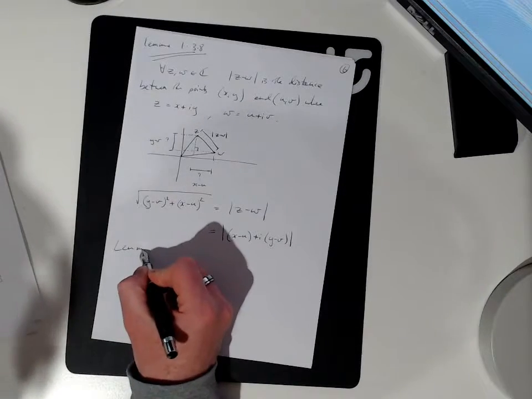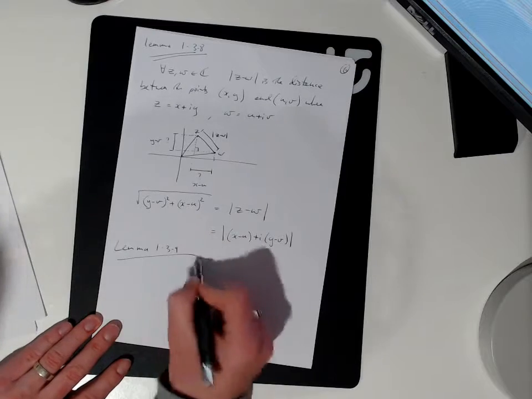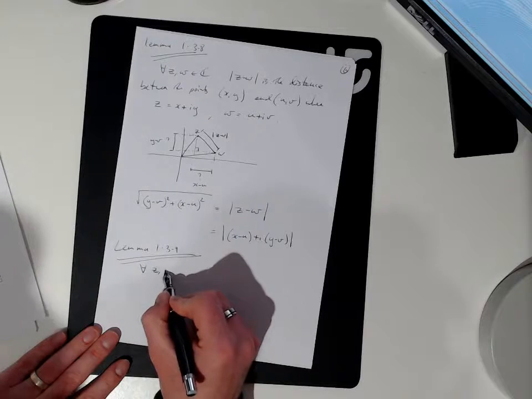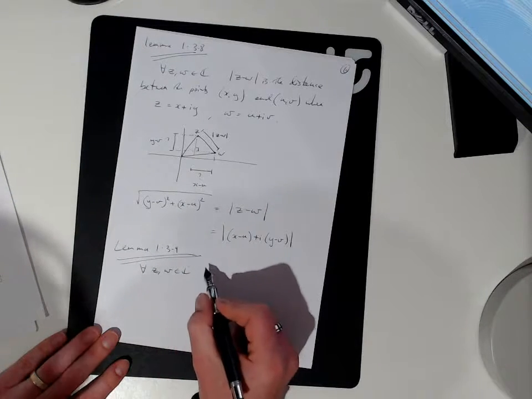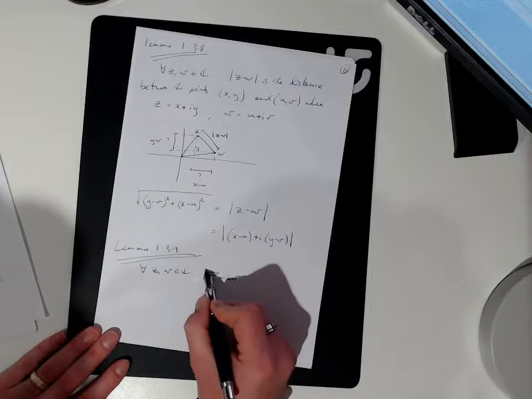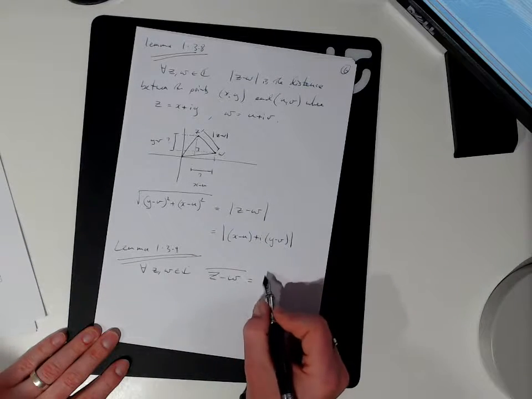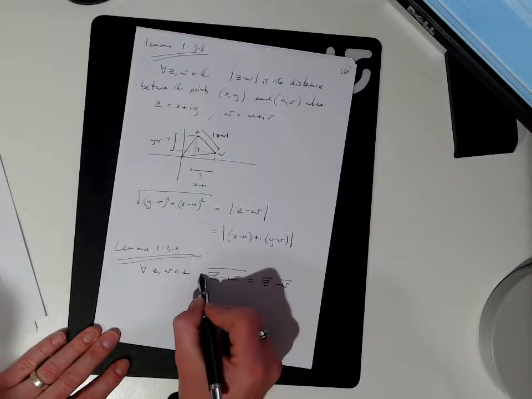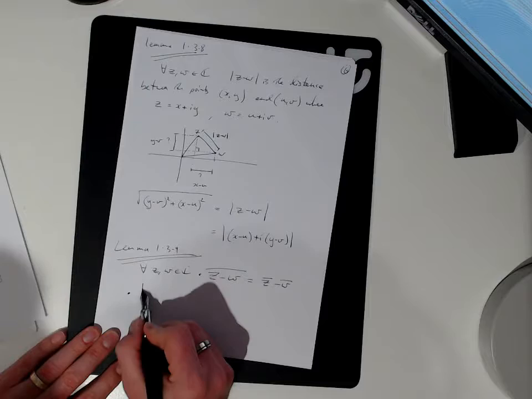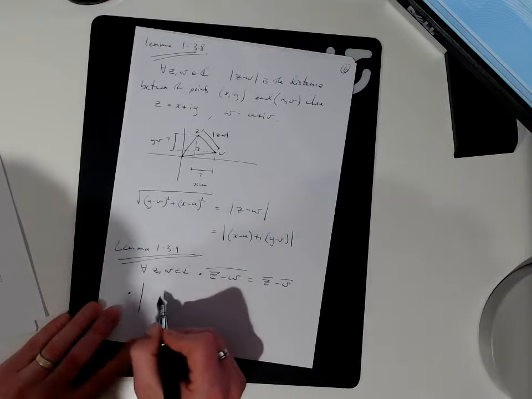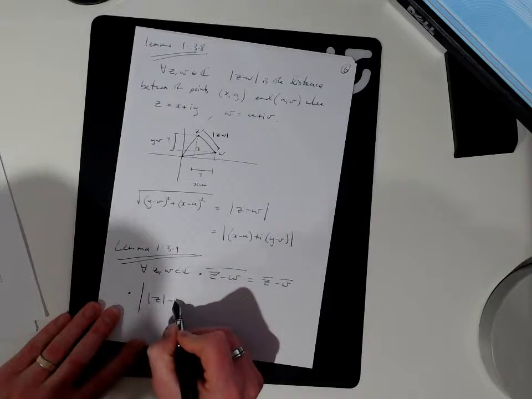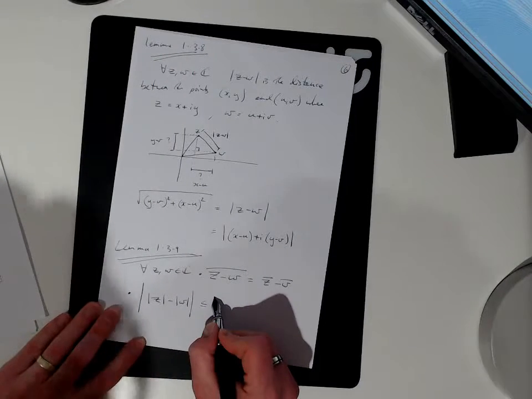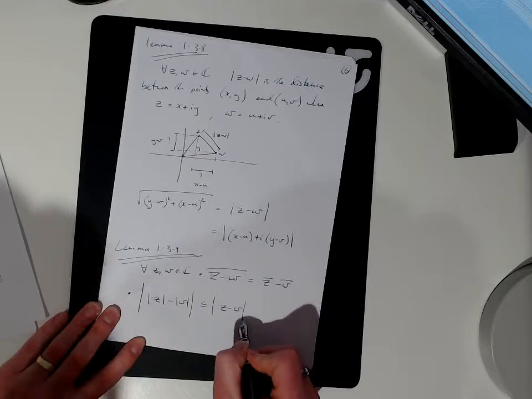Okay, now we come to the lemma that considers complex conjugation for z and w in C. The complex conjugate of the difference is the difference of the complex conjugates, and the modulus, well, I should probably say the absolute value of the difference of the moduluses is less than or equal to the modulus of the difference.